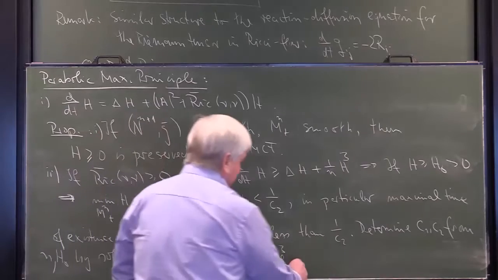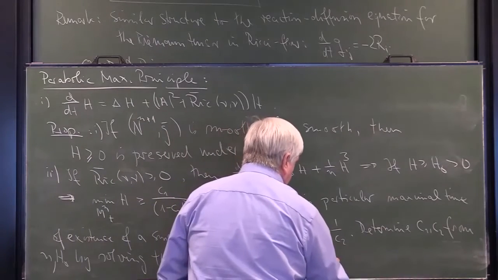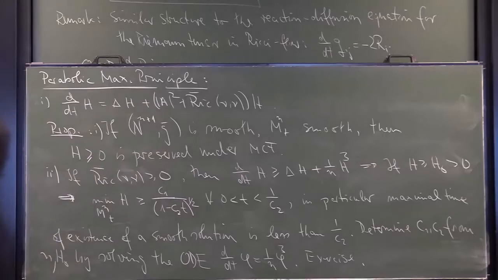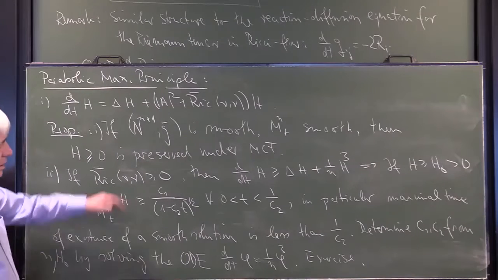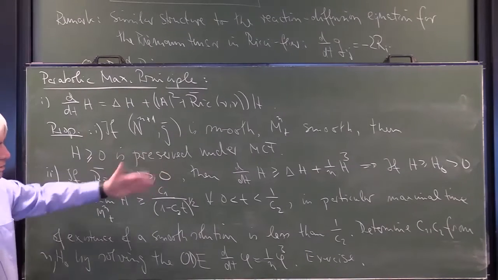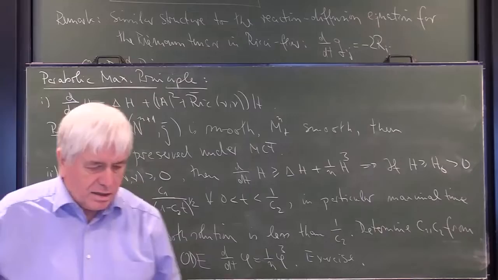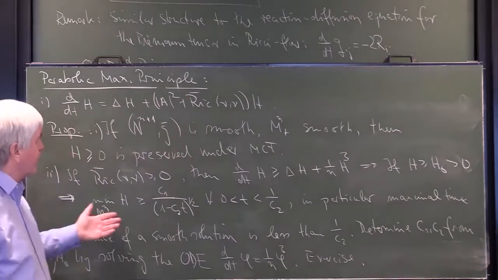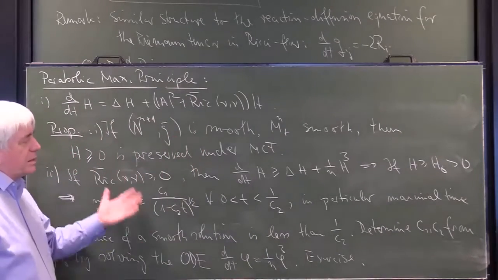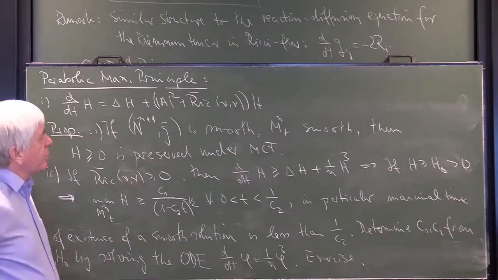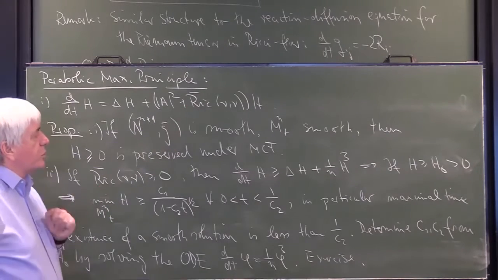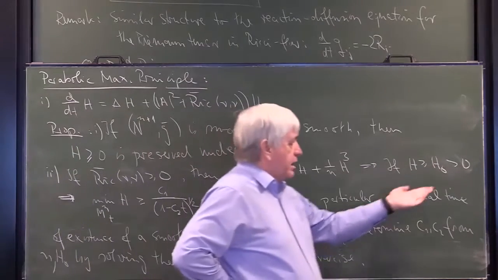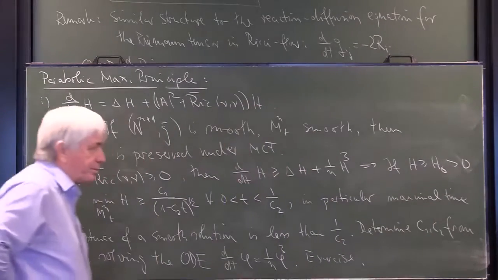This is an exercise. So you can actually use already for scalar quantities the maximum principle and get statements about possible behavior of solutions from a simple curvature condition on the ambient manifold and on the initial data.